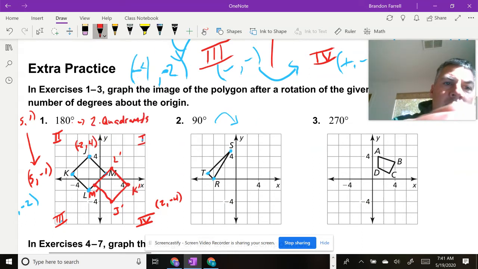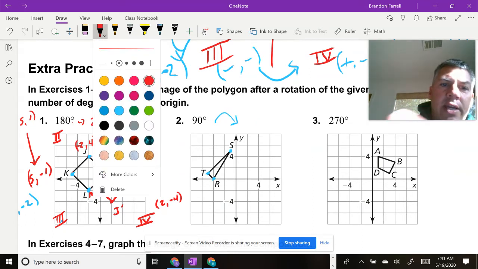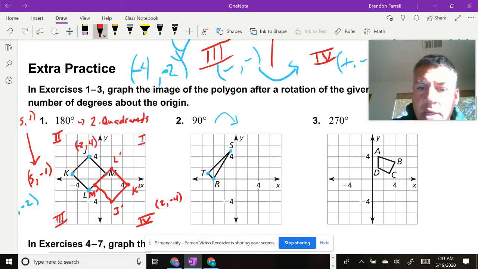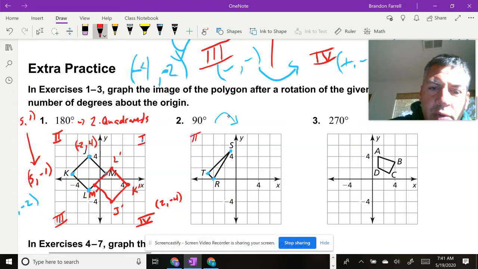So again, it's better if I move things by quadrants. All of these points are either on the axis line or in quadrant 2, so they're all going to go to quadrant 1. Quadrant 1 has positive values, where this has a negative positive value.